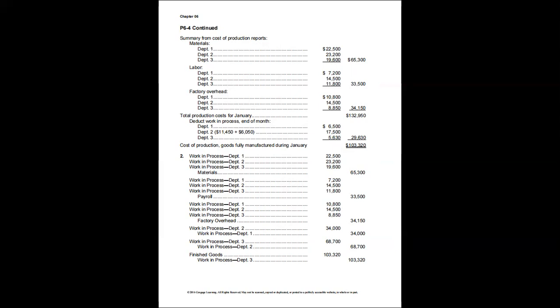Factory overhead 4,10,8, 14,500, and 8,850. These are now your cost of production for the month.